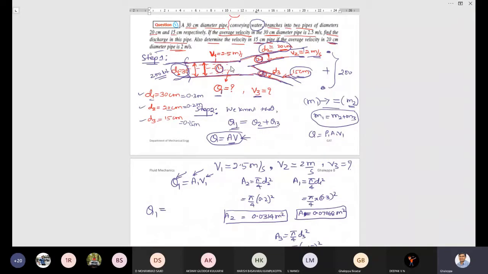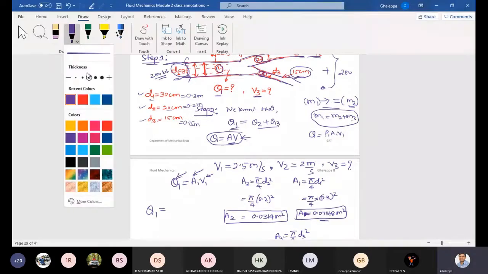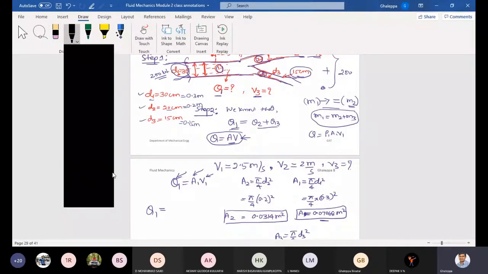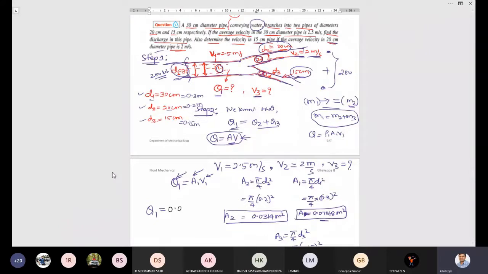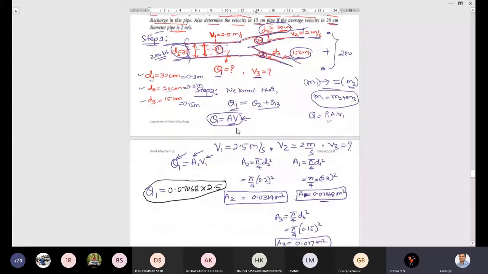Let me take a different color for the next step, and I am substituting. Okay, black color. So area 1 is 0.07068. V1 is 2.5. You multiply these two and tell me the answer.